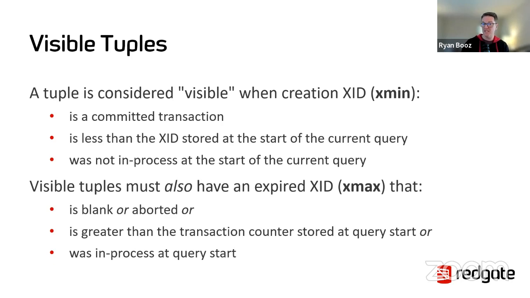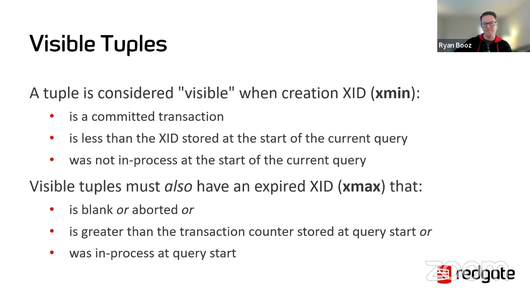So again, that would mean it's just inserted, nothing else has happened to it. If the expired ID is greater than mine, then that is the row that was in play, that was available when my transaction began. So along the way, another command came and updated that row, but I need the original one, right? My command still has that snapshot.